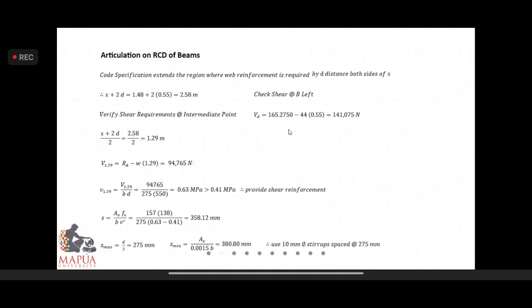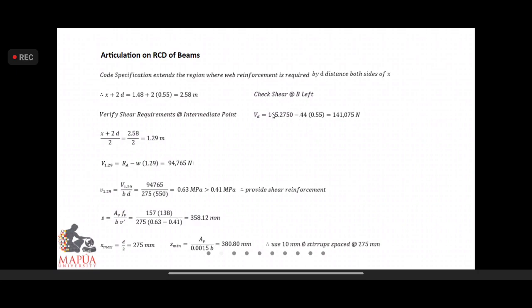And then we check the shear at B left of the support reaction. So that will be the considered. Well, you consider this one as from the left of the second support, and that will be 141.075.